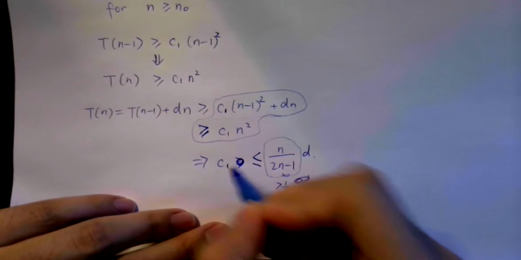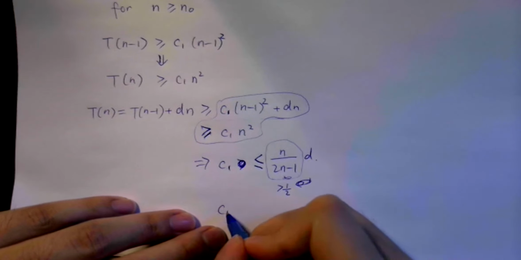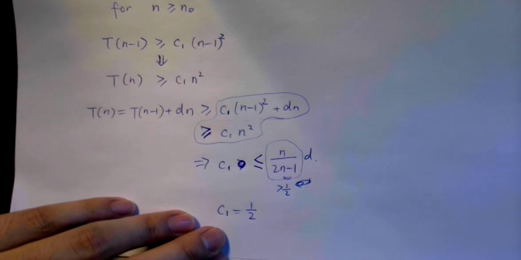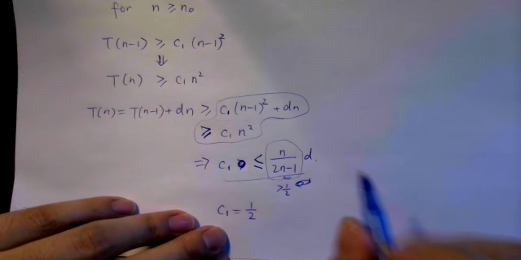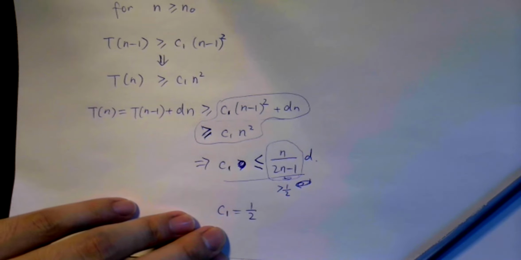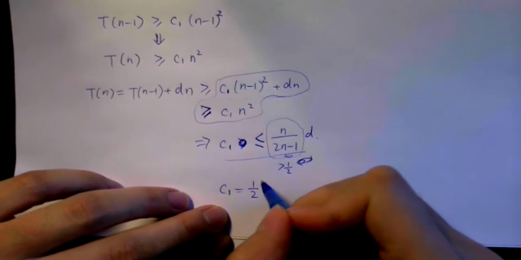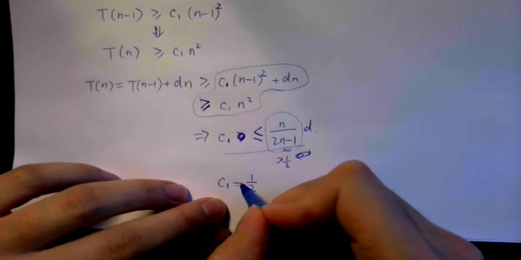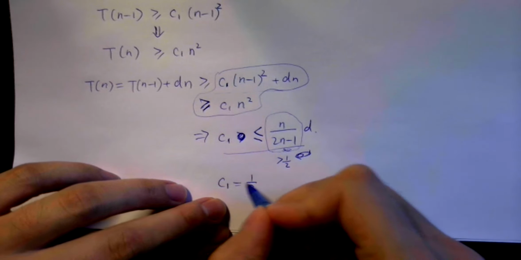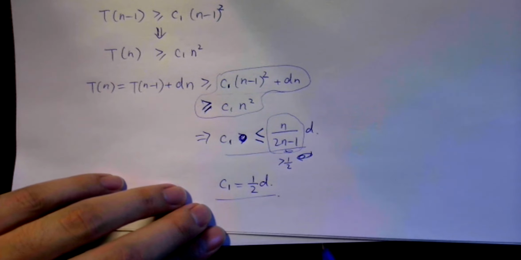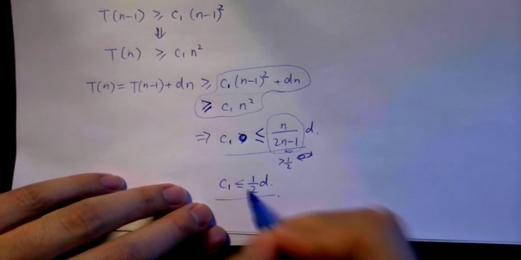So as long as we choose C1 to be 1 over 2 times D, then this inequality always holds. We can choose C1 to be 1 over 2 times D, or even smaller values.